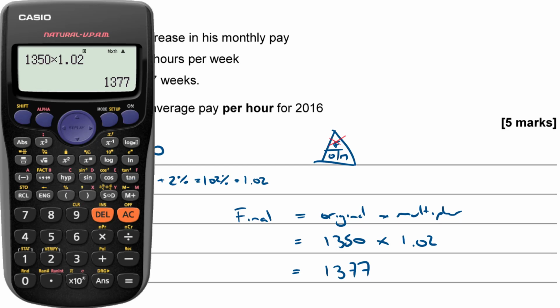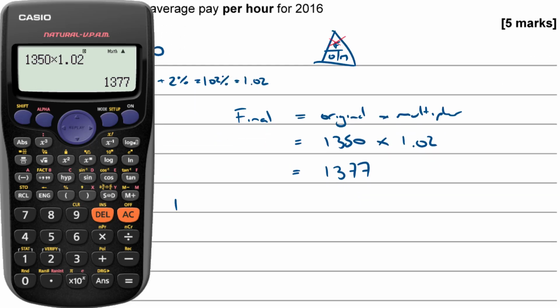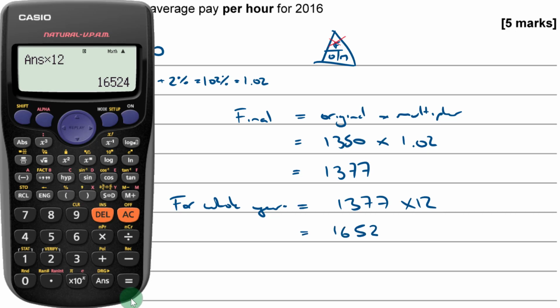I think we need to find his yearly salary now, don't we? So to work out what you've got paid over the course of the whole year, he's going to be paid that 1377 12 times, isn't he? Once per month for 12 months. So that gives me, answer times 12, 16,524. So that was his yearly salary.